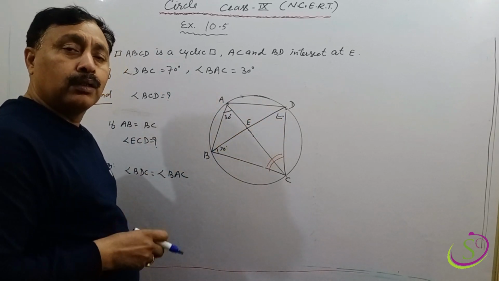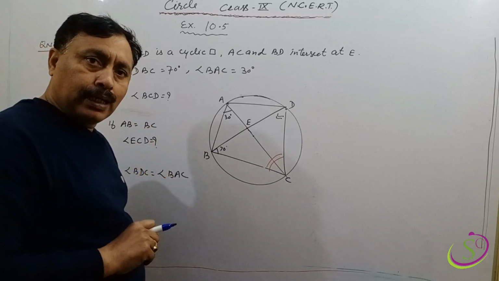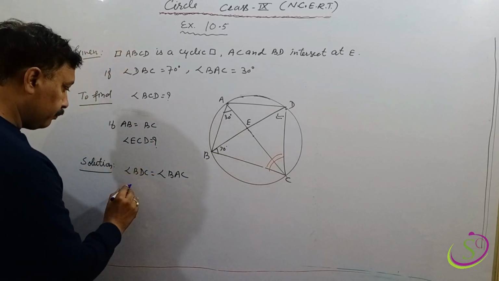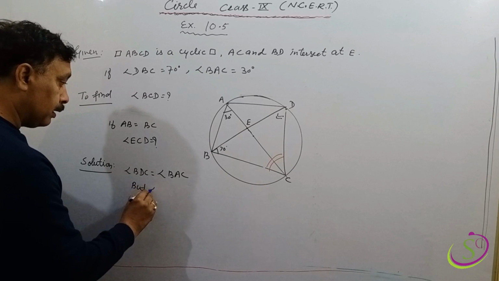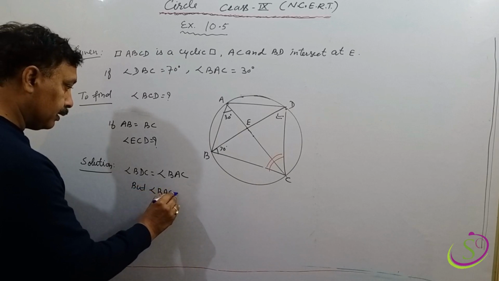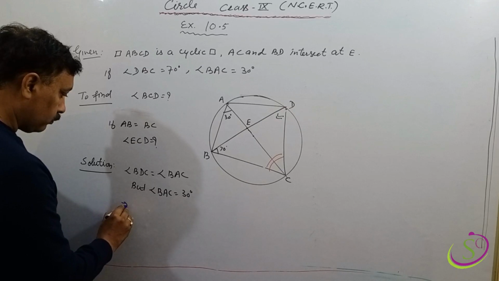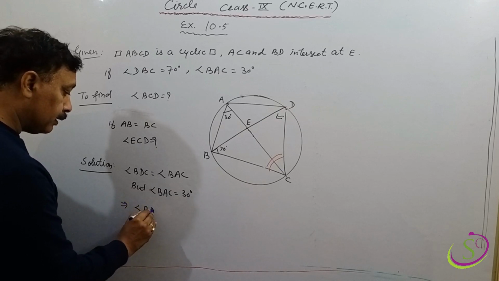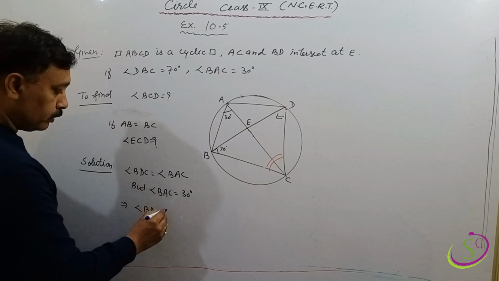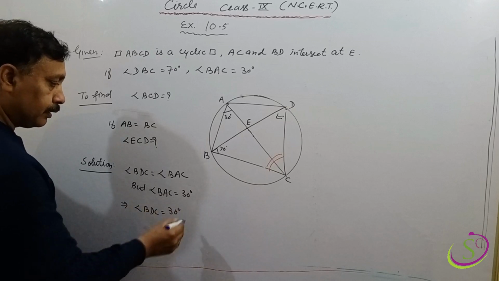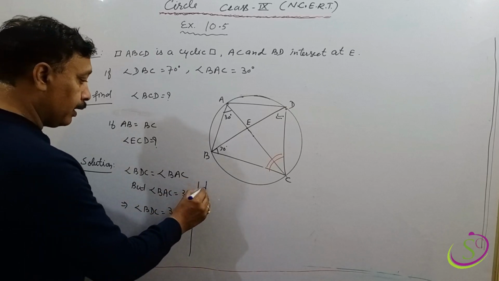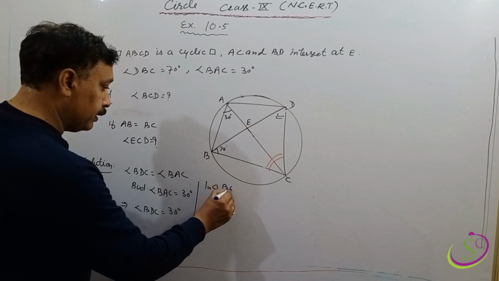Clear? Why? Because angle in a same segment are equal. Clear? But angle BAC is 30 degree. So angle BDC equals how much? 30 degree. Clear?